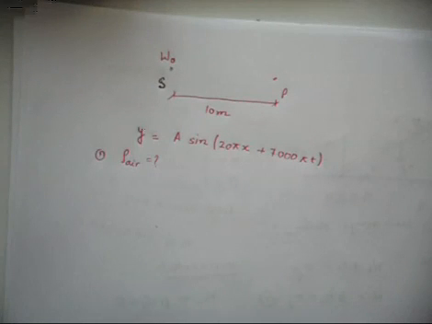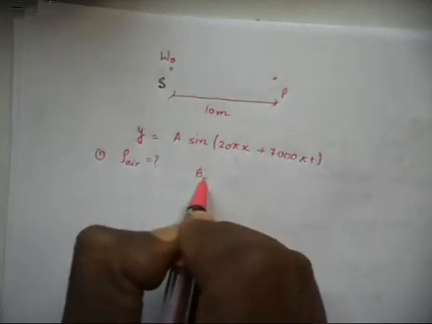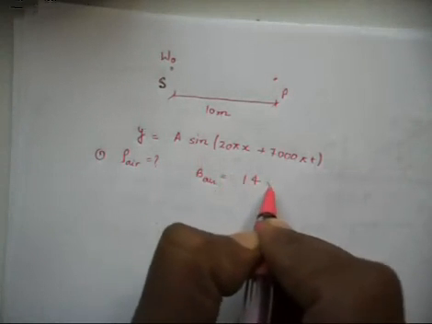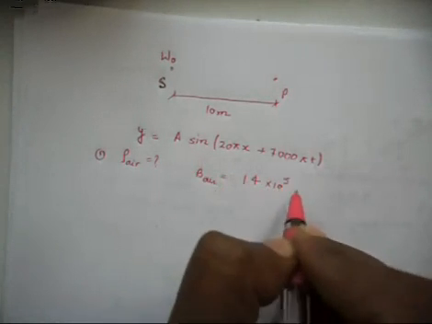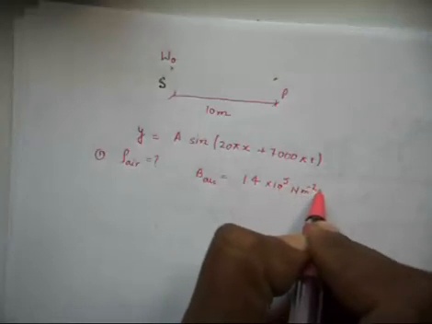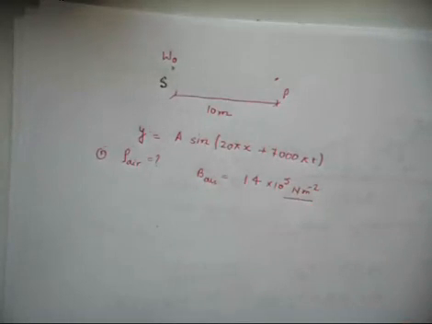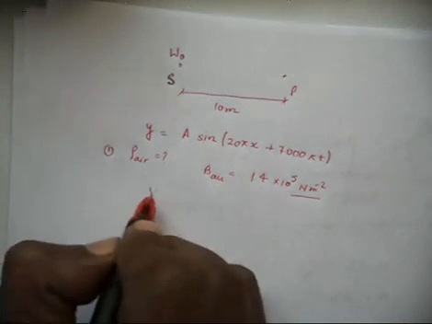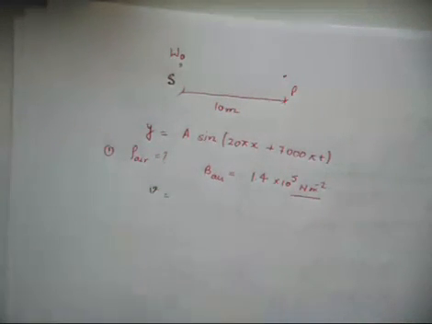If the bulk modulus of the air is given, 1.4 into 10 to the power 5 Newton per meter square. So now if we remember, velocity is given by v equals under root B by rho.